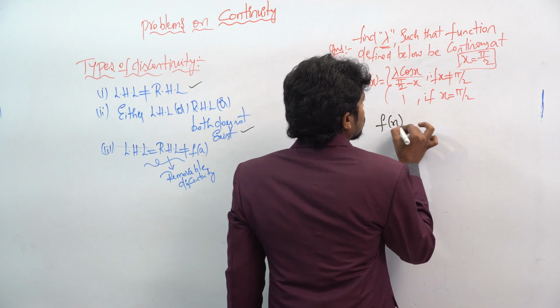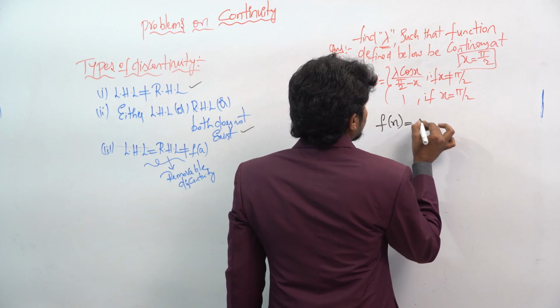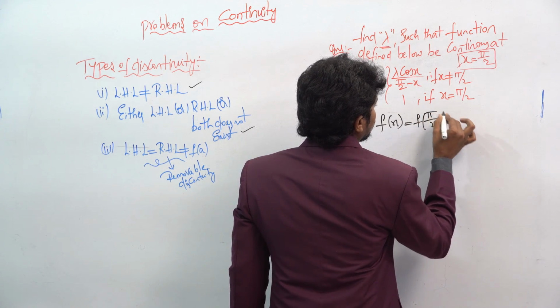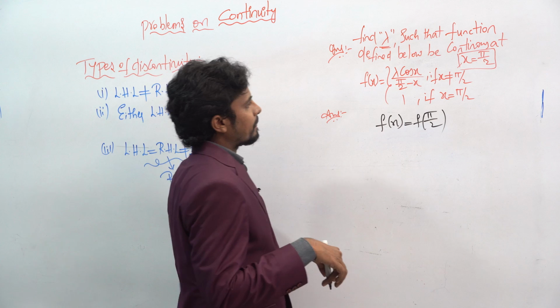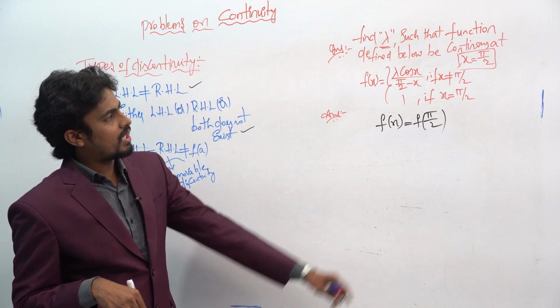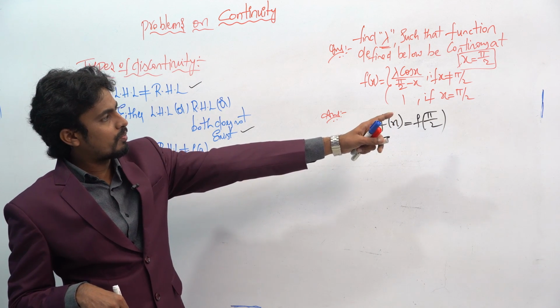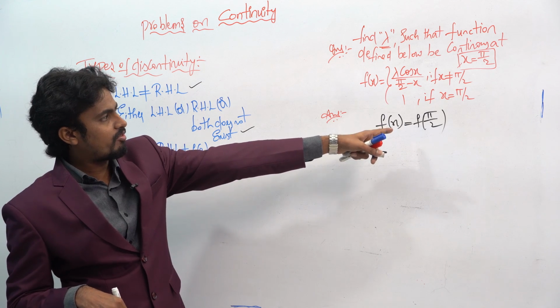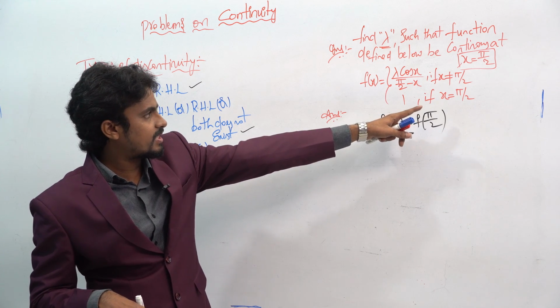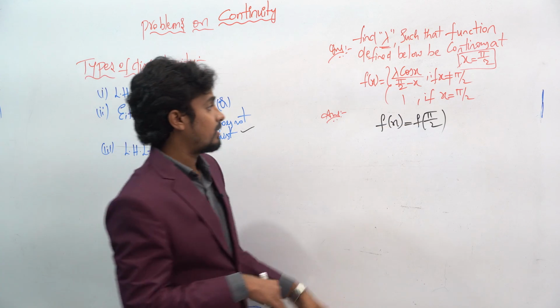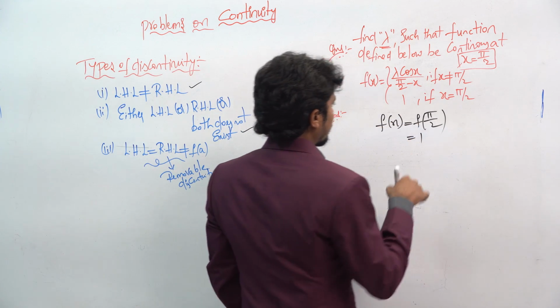If you take f of pi by 2, x equal to pi by 2, how much is given? That will be 1, right?